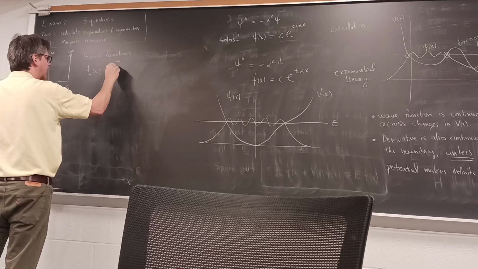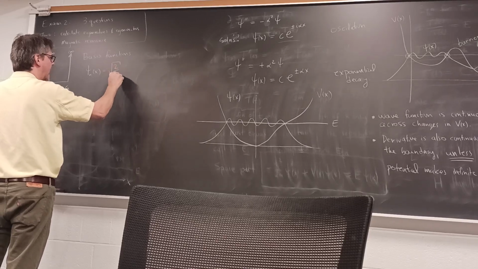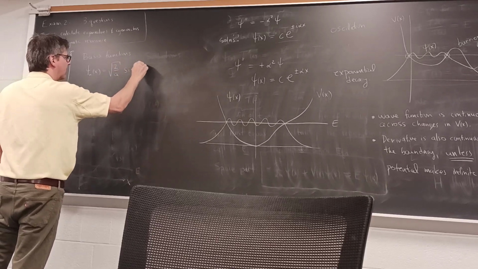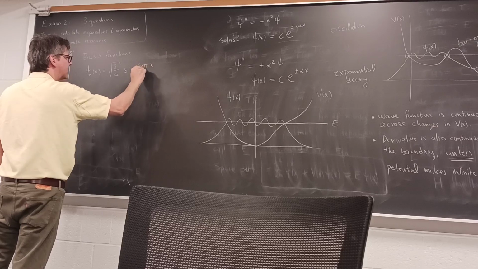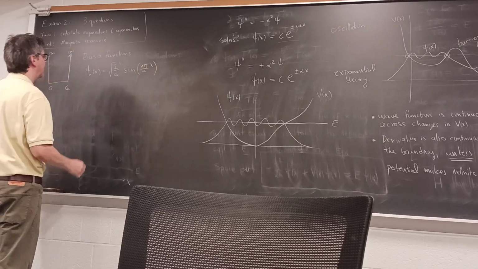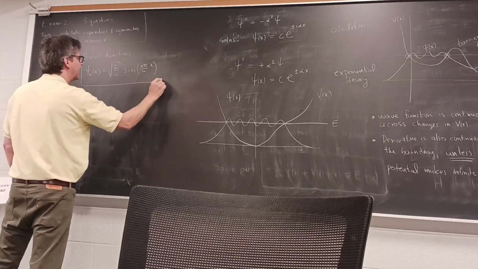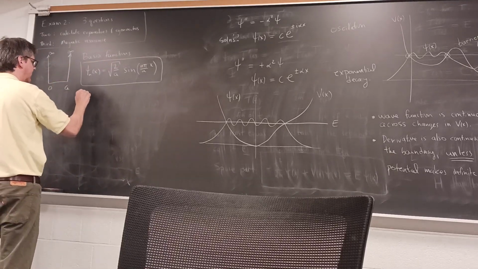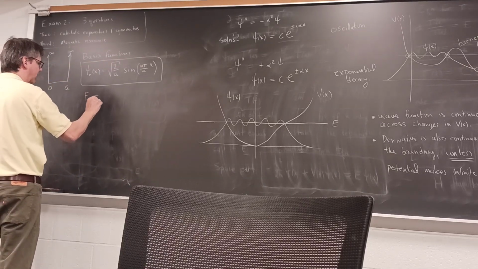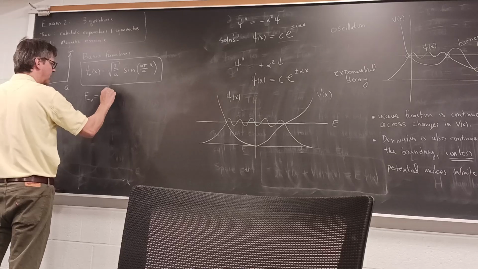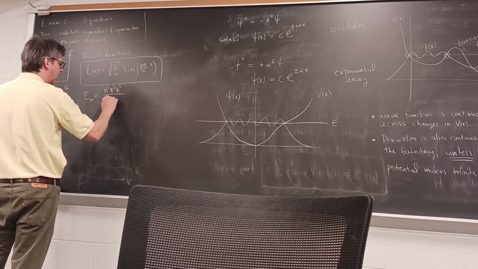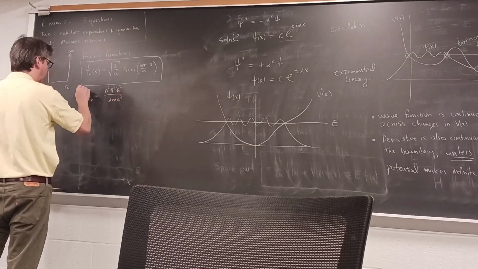These are the normalized basis functions: square root of 2 over a times the sine of n pi x over a. Okay, so we know the basis functions, and we also know the energies. It's n squared pi squared h bar squared over 2m a squared.